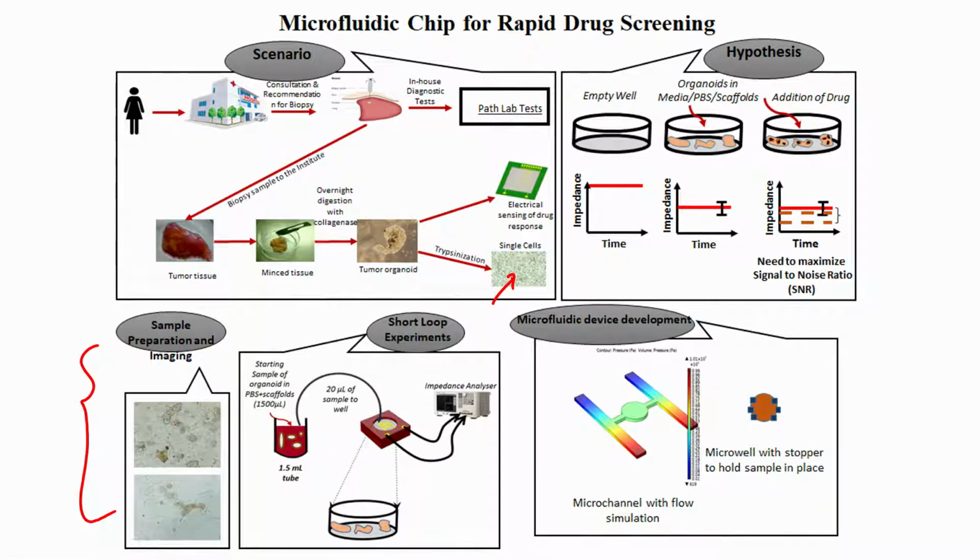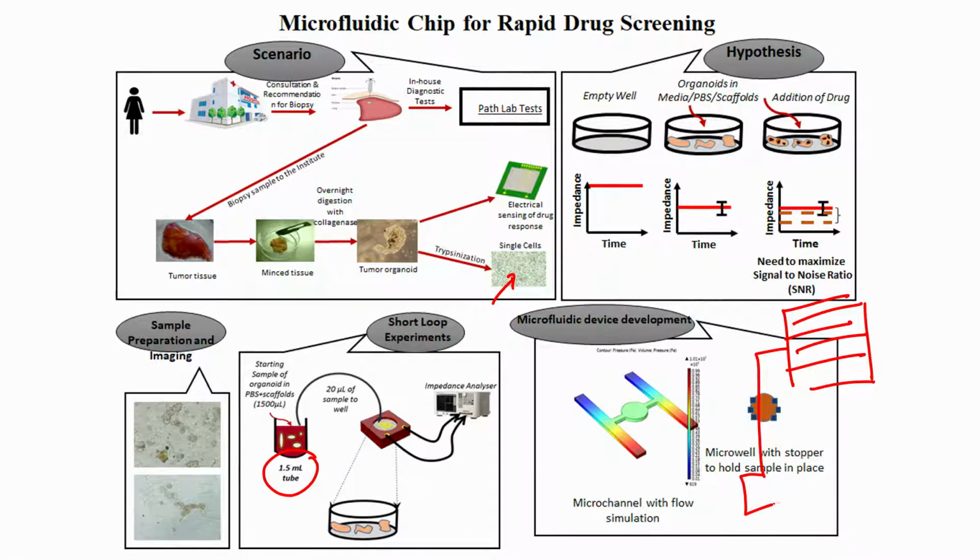Once you have the sample, you load it in a 1.5 ml tube, and then place 20 microliter of the sample on this particular chip. This chip is an impedance sensor. What I mean by impedance sensor is that there are interdigitated electrodes like this, and then there is a contact pad, another contact pad.